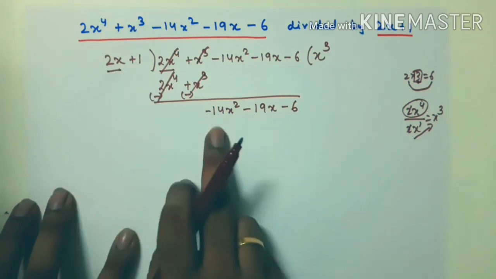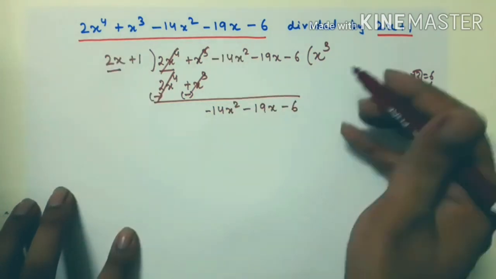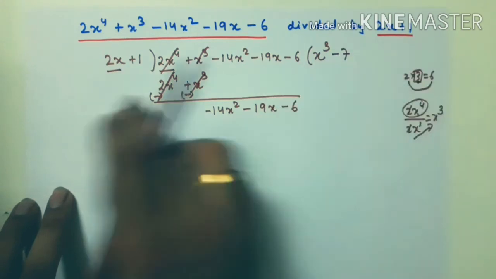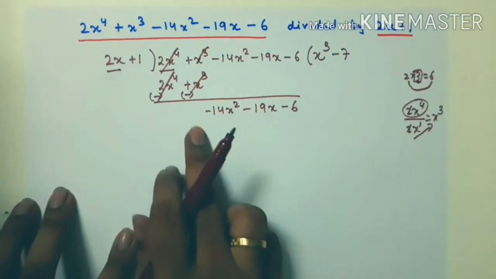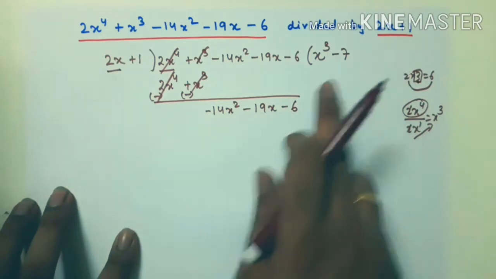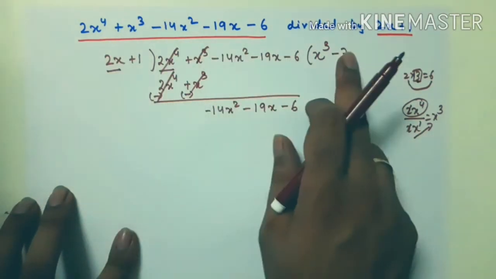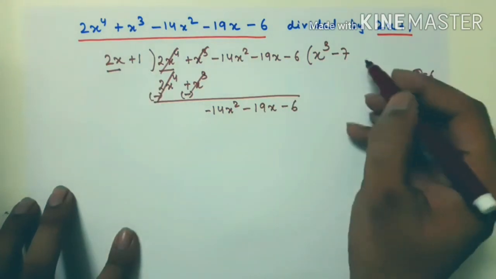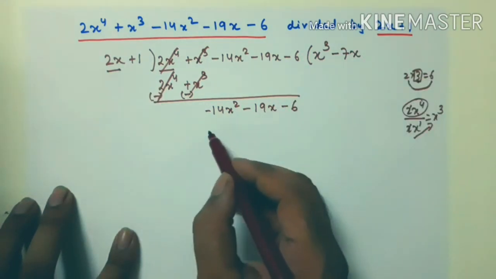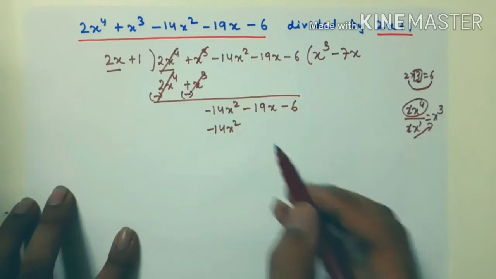So 2 into how much will be minus 14? 2 into minus 7 is minus 14. Next is the variable part: x into how much will give you x squared? x into x is x squared. So we have minus 14x squared.